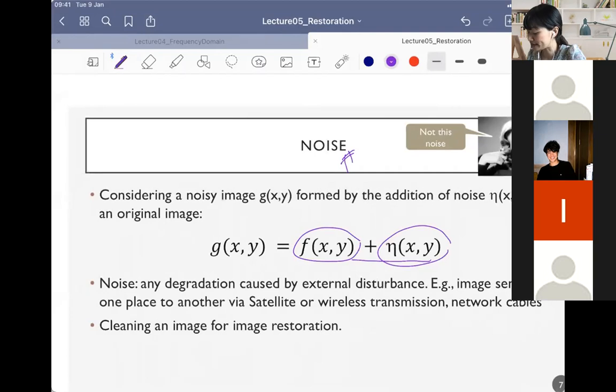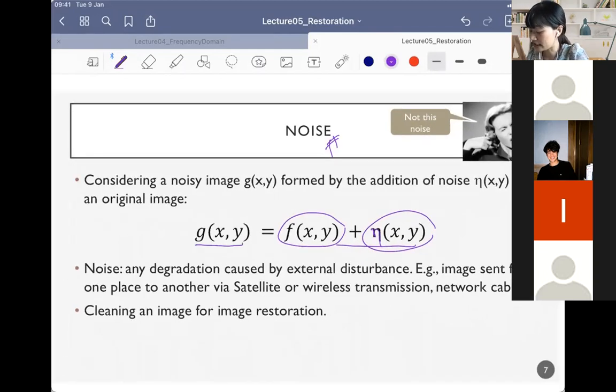So noise looks like this: eta of x and y, the function eta of x and y. So g of x and y is actually a noisy image because it is formed by the original image, what I've been writing, the original image, and has been added by this type of noise.